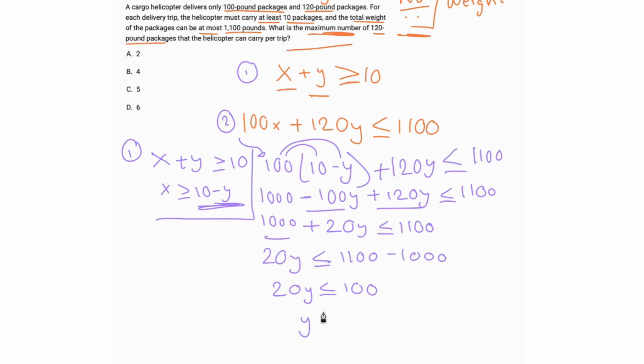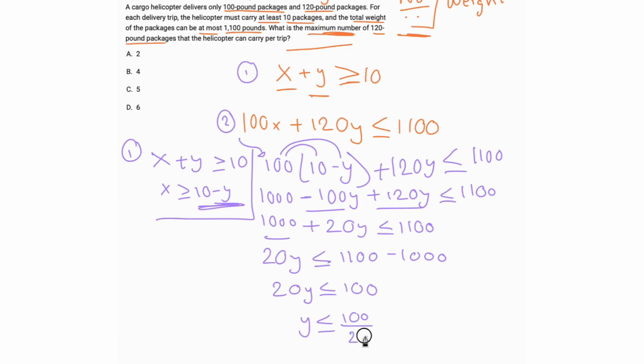Whenever you're doing that, it's important to note the sign. It's not as important when you're adding or subtracting, but if you're dividing, for example, if you had negative 20 here, then you would have to flip the sign. However, that's not the case right now, so we can just go ahead with that.